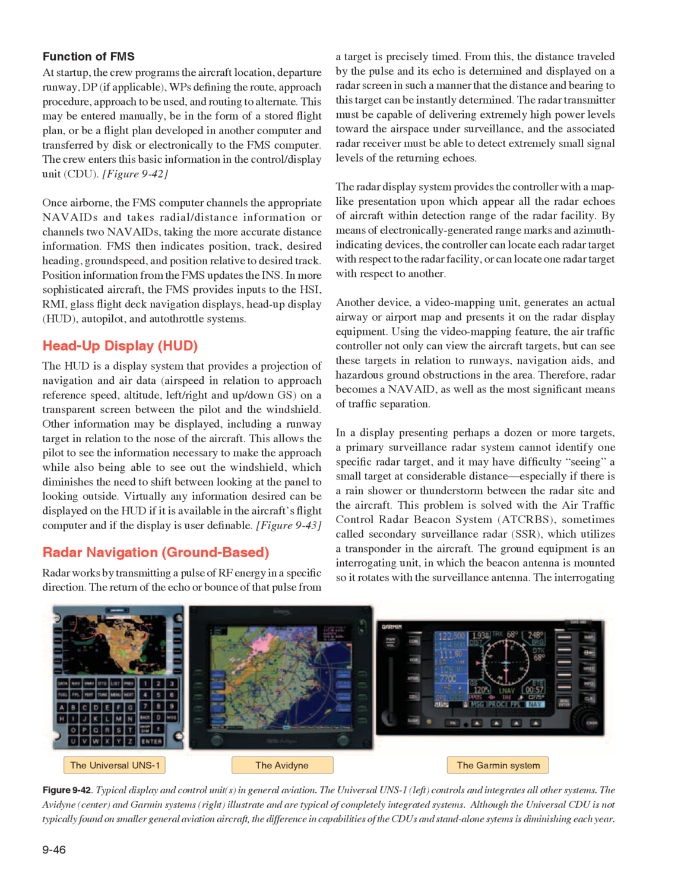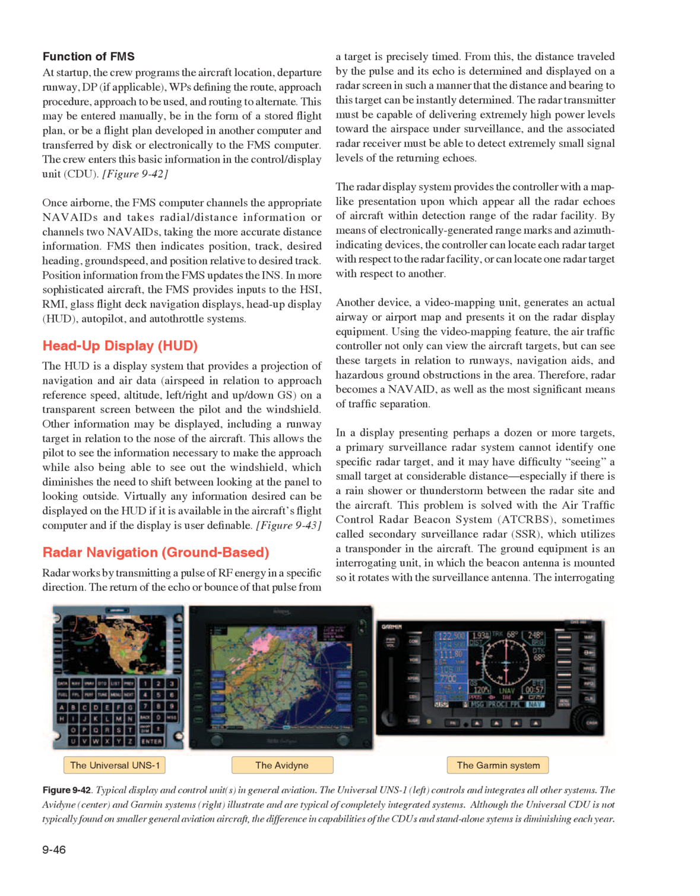Other information may be displayed, including a runway target in relation to the nose of the aircraft. This allows the pilot to see the information necessary to make the approach while also being able to see out the windshield, which diminishes the need to shift between looking at the panel and looking outside. Virtually any information desired can be displayed on the HUD if it is available in the aircraft's flight computer and if the display is user-definable.